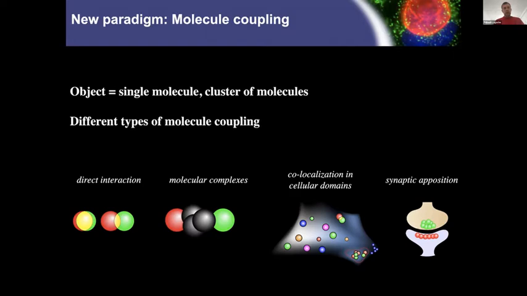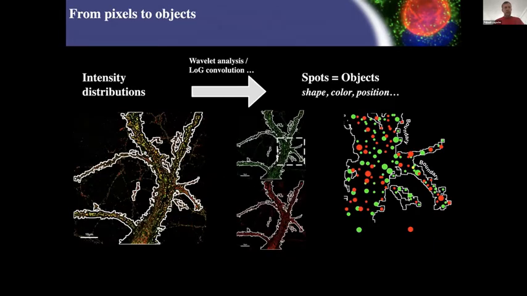So in many cases, when you image molecules, these molecules are subdiffractive, meaning that their size is, let's say, below the resolution of the microscope. So typically what you observe is the PSF of the microscope, or a small object plus a big halo of the PSF. So typically you will have a lot of objects that you can segment with different techniques, like a pure Schweitzer or something that is more robust, like a wavelet analysis or convolution with a log Gaussian.